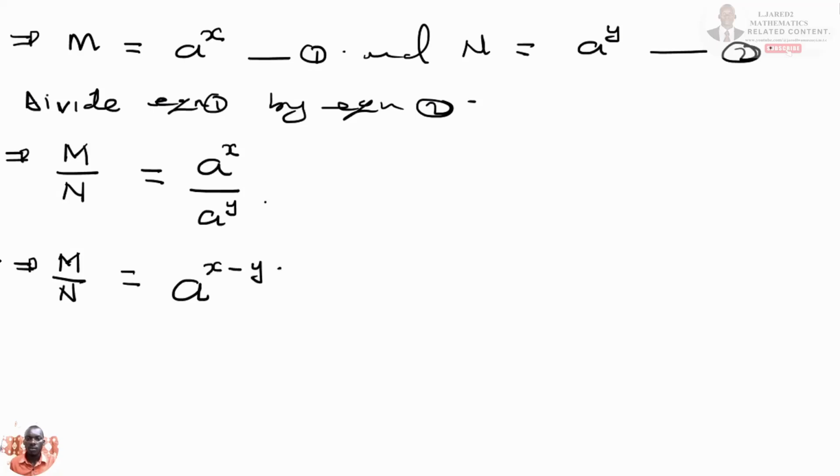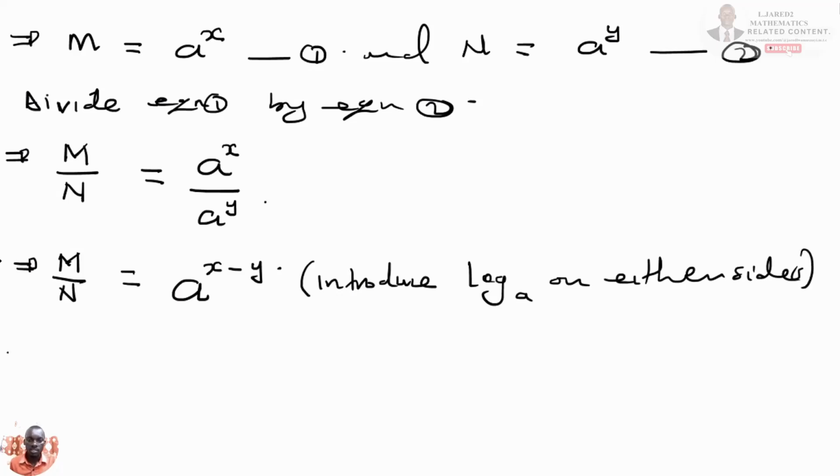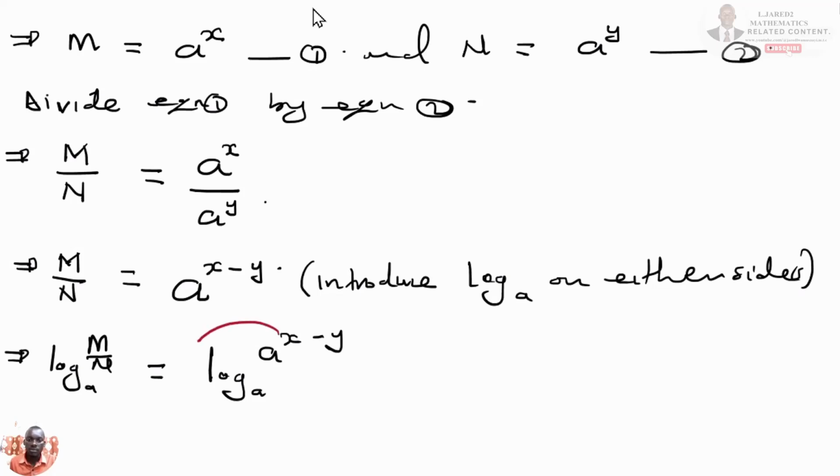Then from here, we are going to introduce log base a on either side of the equation. So this implies that I'm going to have the log of m divided by n, to base a, being equal to the log of a raised to power x minus y to base a. I simplify this. So this is a power, it means that this will come this side.